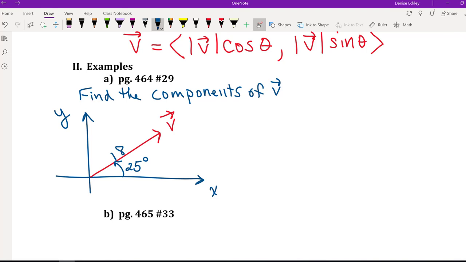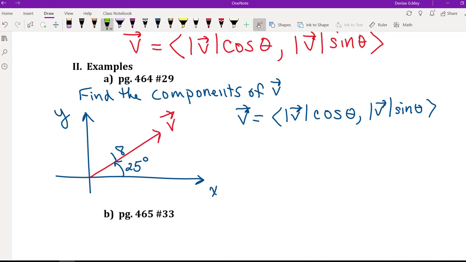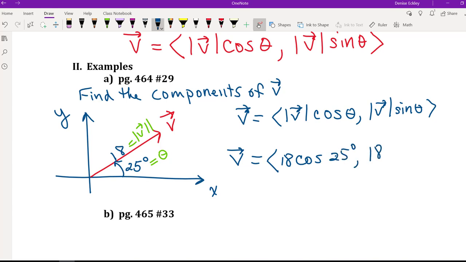So we're going to use our formula. v is equal to the magnitude of v times the cosine of theta, and the magnitude of v times the sine of theta. We have the magnitude of v, which is 18, and we have theta, so we can just go ahead and substitute. v equals 18 times the cosine of 25 degrees, comma, 18 times the sine of 25 degrees.